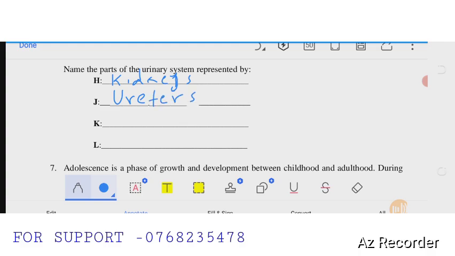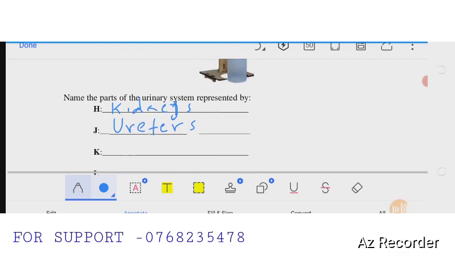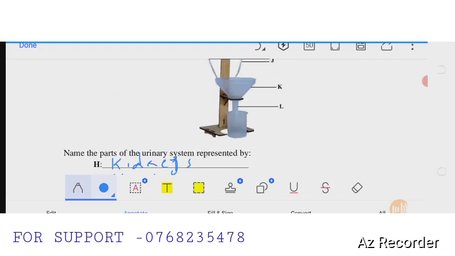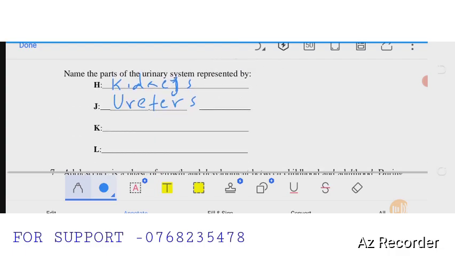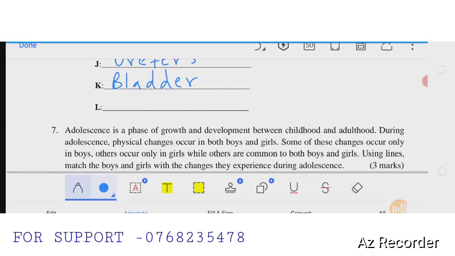Ureters. Suppose it was 1, you write in singular. The next one, which is K, is the urinary bladder. You can just write bladder, or you can write urinary bladder. It depends. Then last but not least, we have the urethra, which is the part that allows urine to get outside of the body.